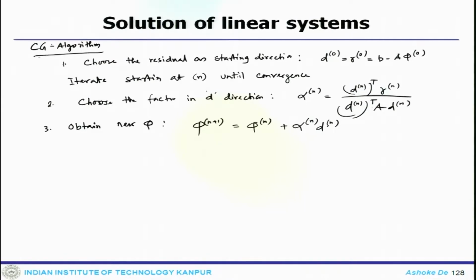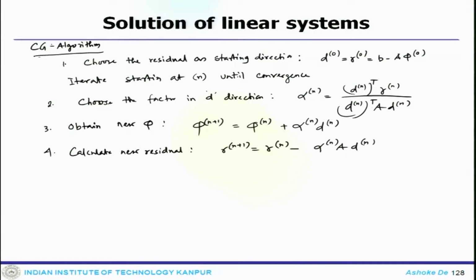Now, after obtaining the phi, we need to cross-check the residual. So, you can calculate the new residual like R n plus 1 equals R n minus alpha n A d n.